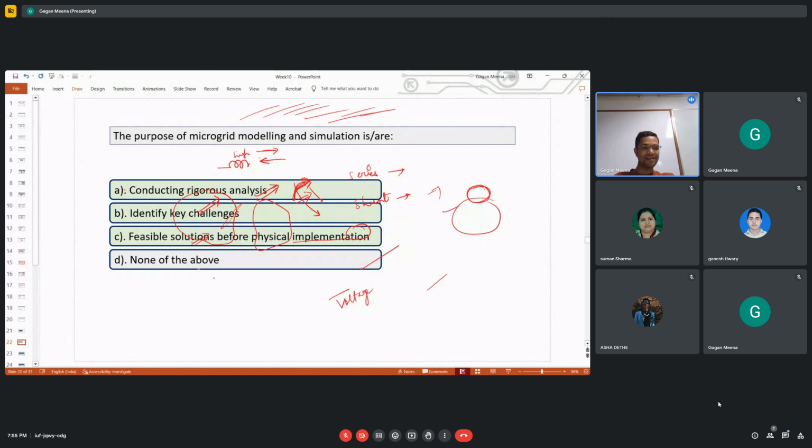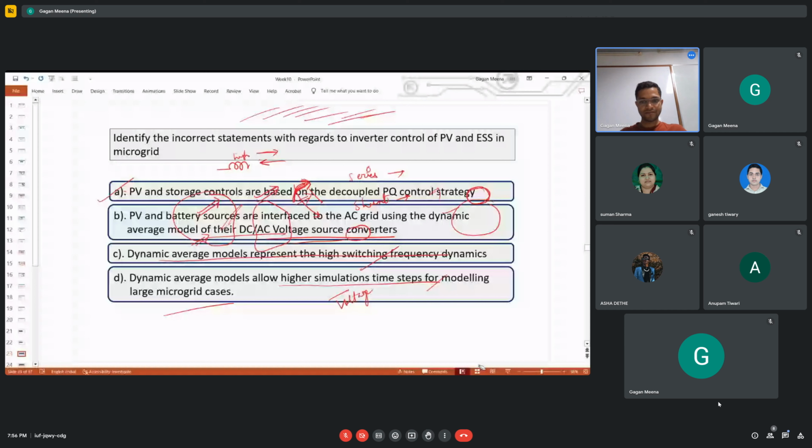Then these models, their model using dynamic average model, because we can study steady state behavior and transient behavior of the converter. For studying the transient behavior, transient means there will be microsecond, means we want to see what is happening at millisecond and microsecond level.